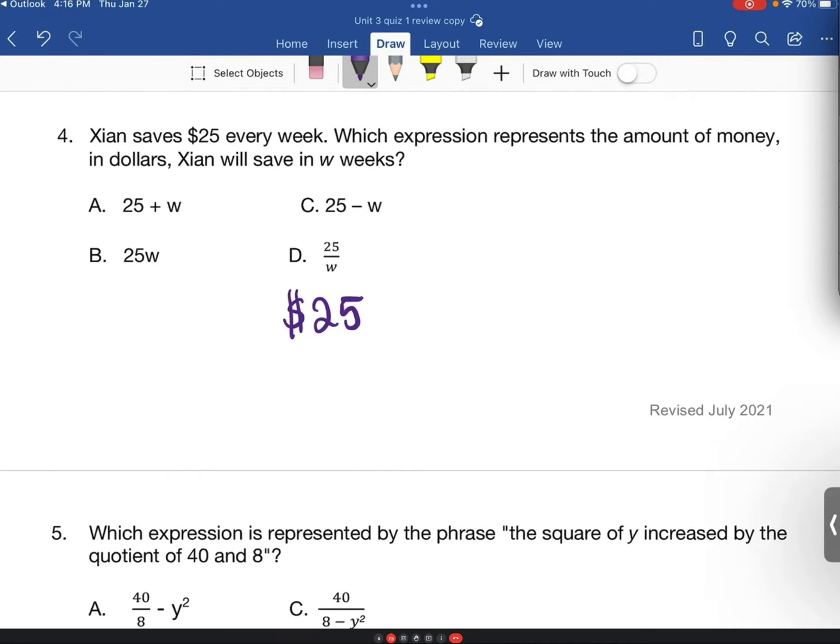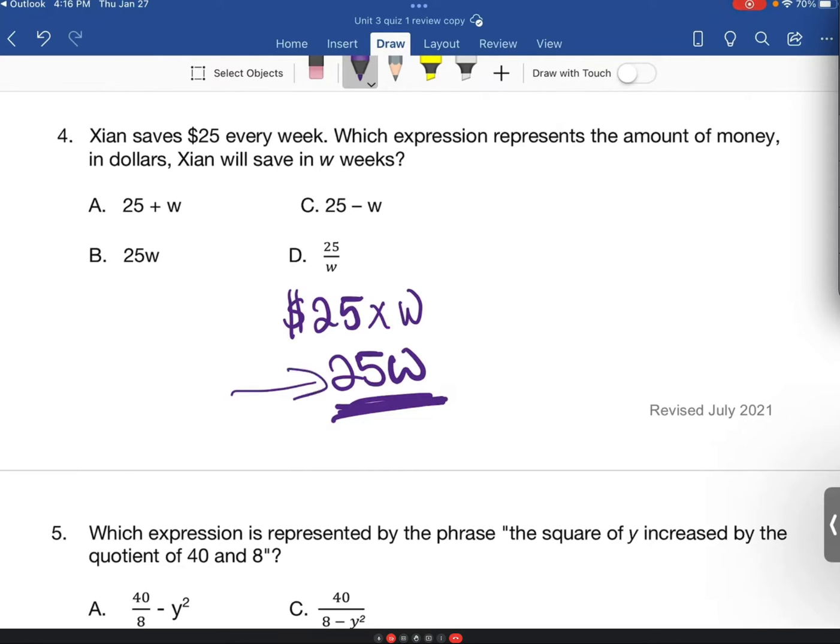So if we want to know an amount of weeks, we know that every week it's 25, and we want to multiply that times the amount of weeks, right? So someone I had wrote it like this. Okay, that is true. That is what you're doing. But as mathematicians, we write it like this. Well, we don't even need the dollar sign. When we want to symbolize a variable and a number being multiplied by each other, we just put the coefficient next to the variable.